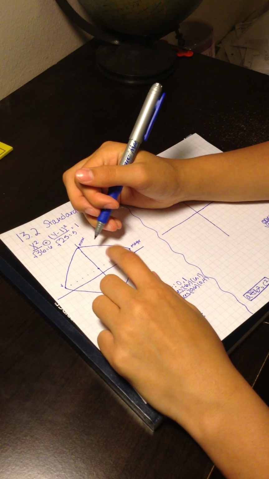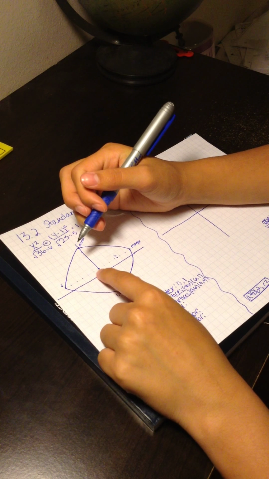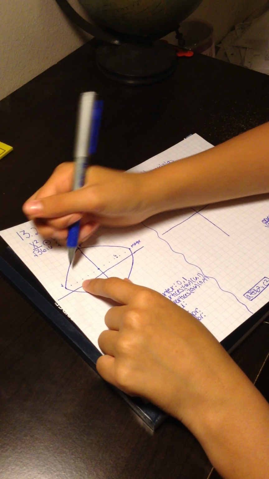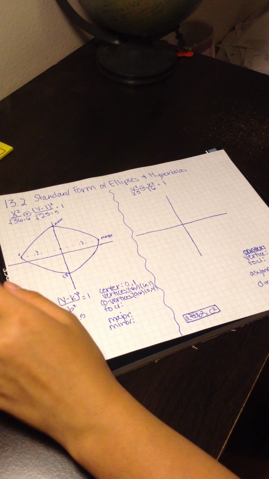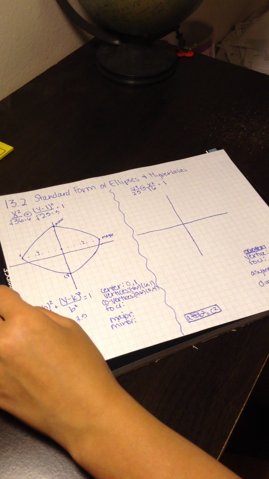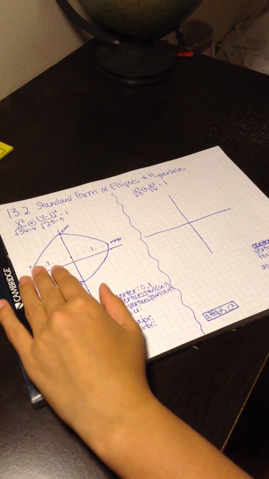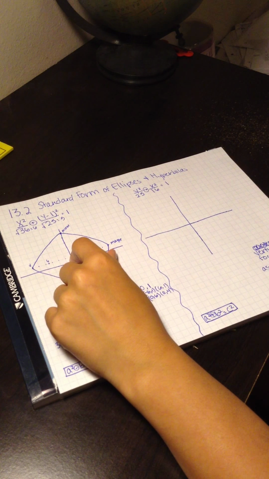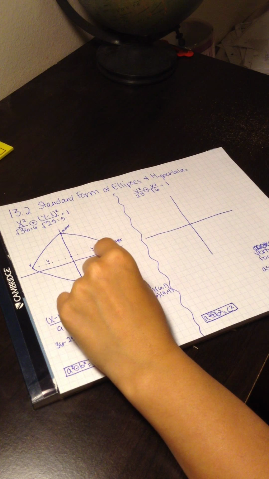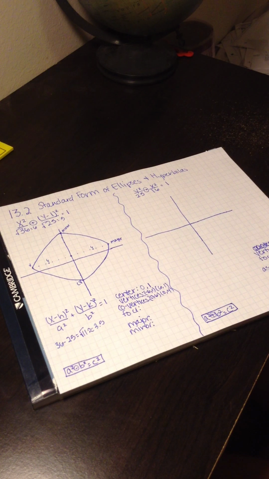So this is going to be on your major axis. So 1, 2, 3.5. This is one focus, and then 1, 2, 3.5, another focus. Okay? So that's where your focus lies. And with that, we need the exact coordinates. So we need to put this in square root form of our focus. Because we're going in the x direction, we're going to write this down like that, okay?